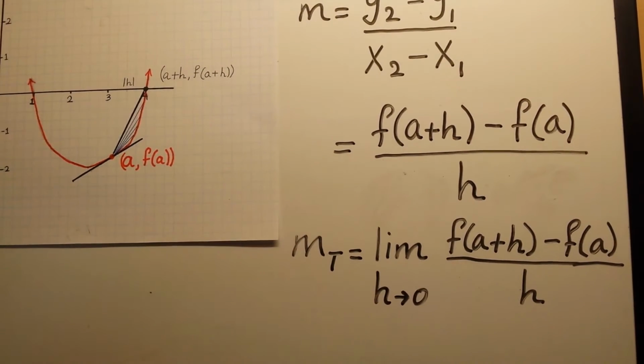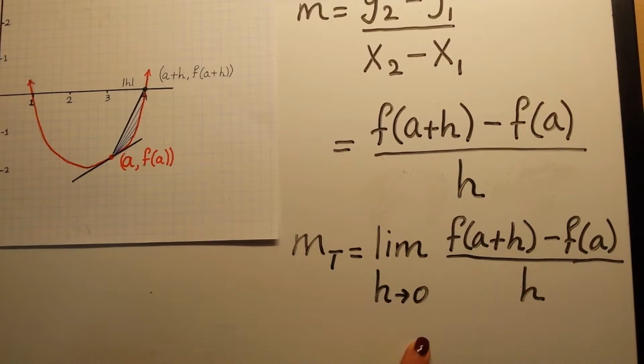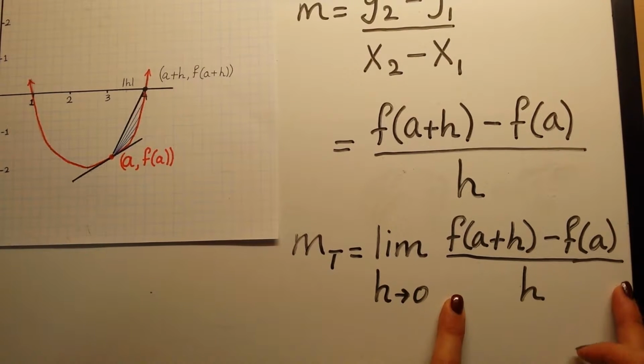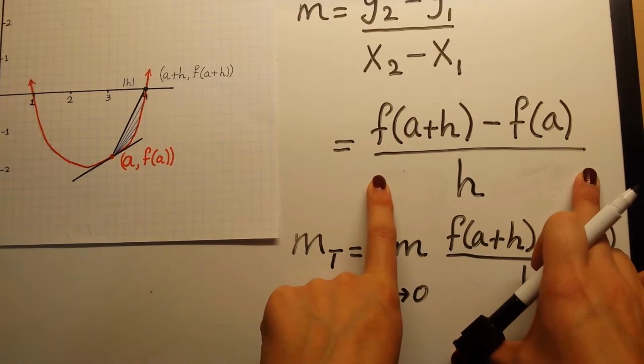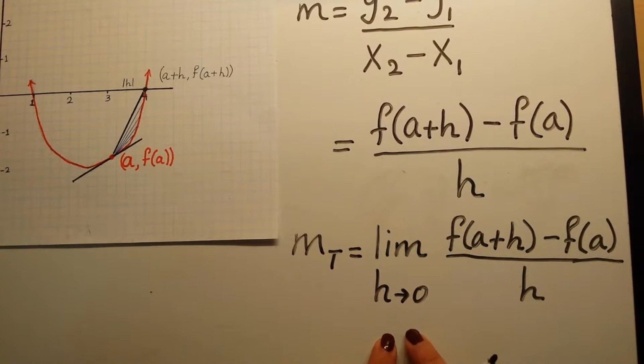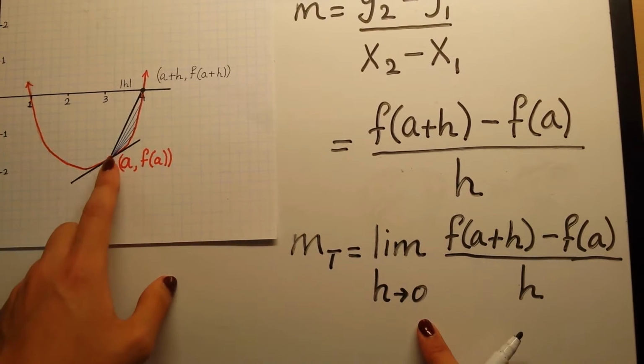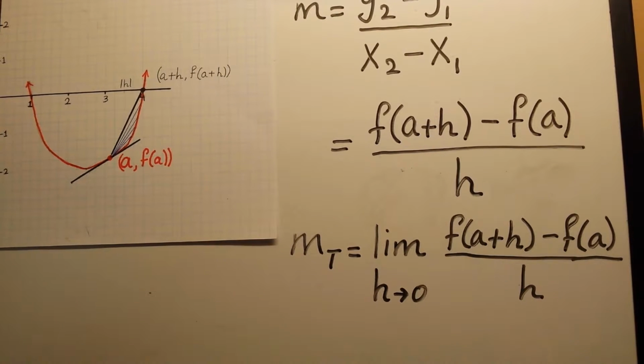Notice that the slope of the tangent formula, this part of it, is exactly the same as the slope of the secant formula, except this is the limiting value. And h has to approach 0 in order for the secant to approach the tangent line.